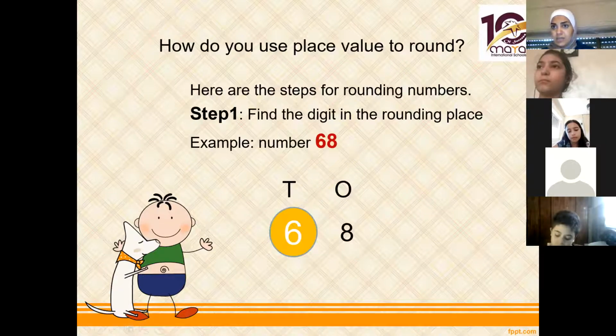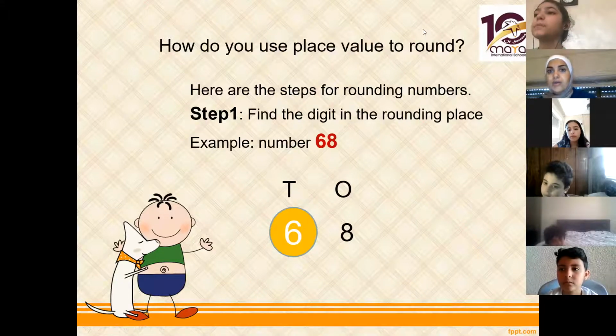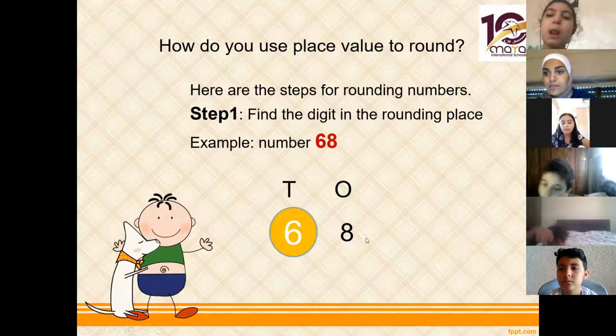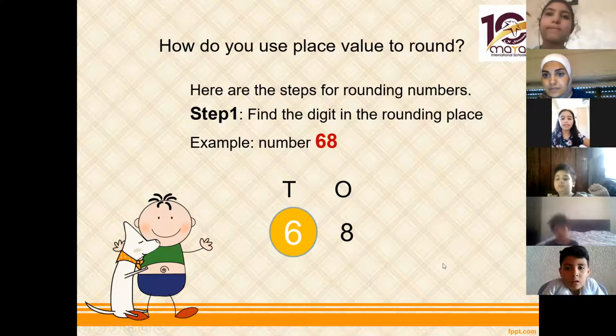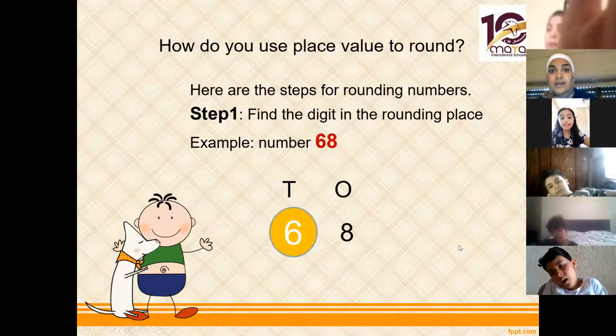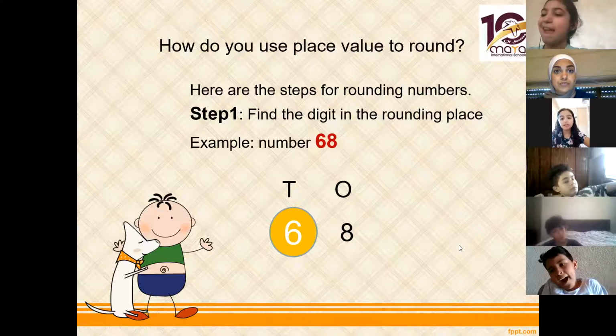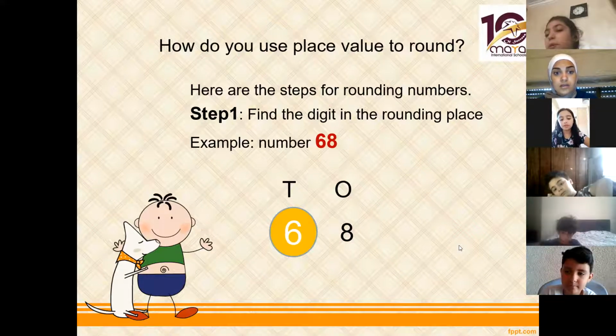Can everyone hear me? Can everyone look at me? Okay, what is the number that we are talking about right now? 68. What is it? Okay, I'm going to unmute.